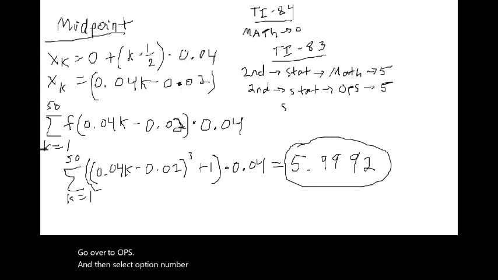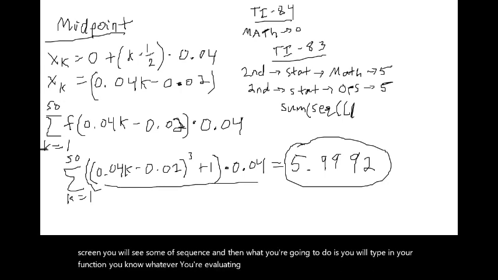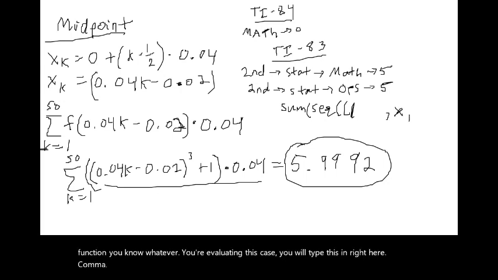For 83s, you will get something like this on your home screen. You will see sum of sequence. And then what you're going to do is you will type in your function, whatever you're evaluating. In this case, you will type this in right here, comma, your variable, x, comma, first rectangle 1 to the 50th rectangle 50.